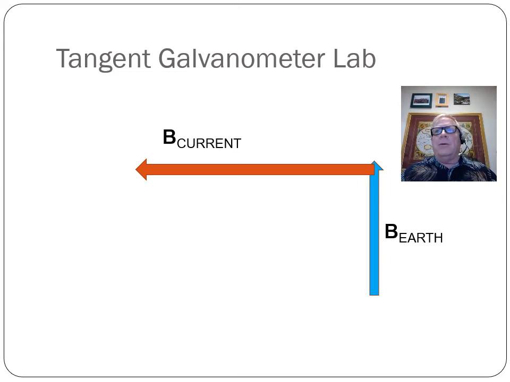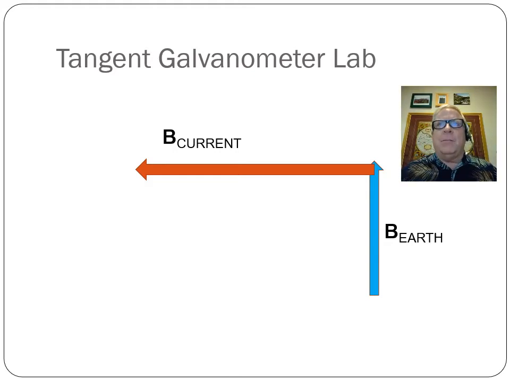Now, I happen to know, we haven't actually proven this yet, but the direction of the magnetic field by a loop of wire like that is going to be perpendicular to the plane of the loop. So if I orient my loop so that the plane of the loop is pointing in the direction of the magnetic field of the Earth, then the direction perpendicular to the plane of the loop will point in the direction of the current.